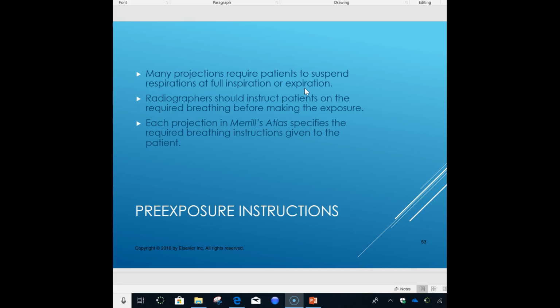Sometimes you do an inspiration and expiration chest, and also for abdomen, generally done on expiration or just holding your breath. The tech should instruct patients on the required breathing before making the exposure, and explain so the patient understands. If they're taking a deep breath, blow it out and hold it out, or take in a deep breath and hold it. You must be clear on your instructions.